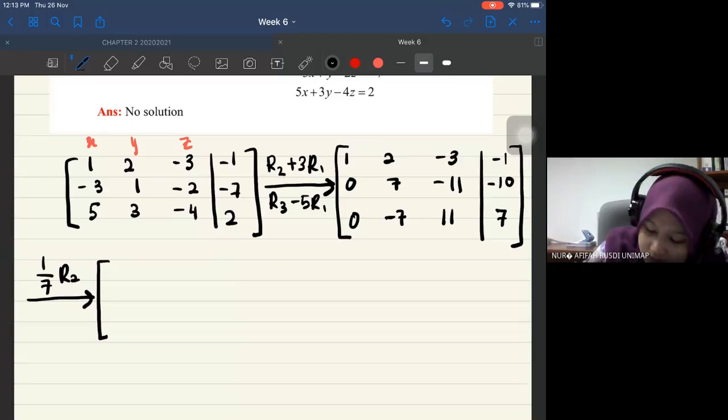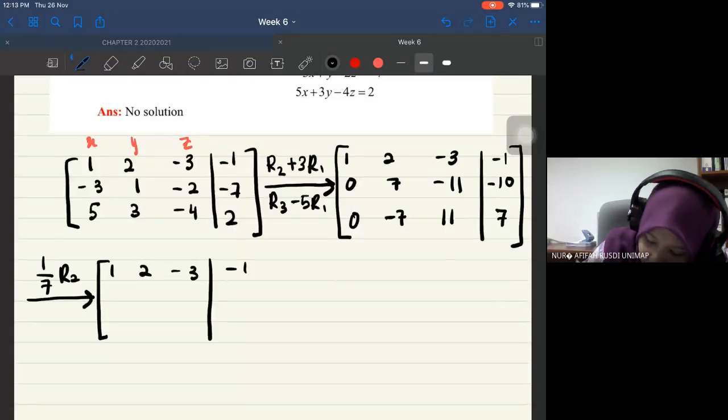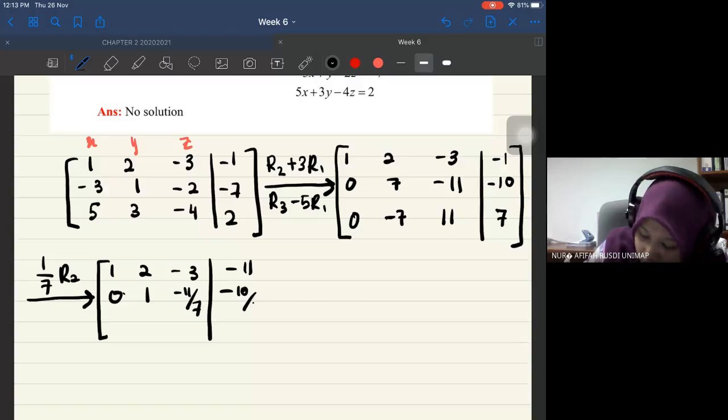So only row 2 changes. So you have 0, 1, negative 11/7, negative 10/7, and 0, negative 7, 11, 7.